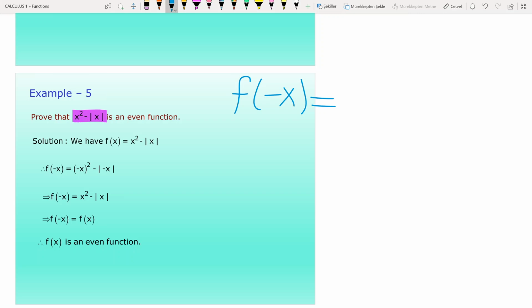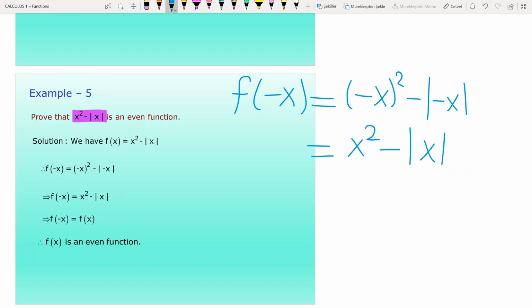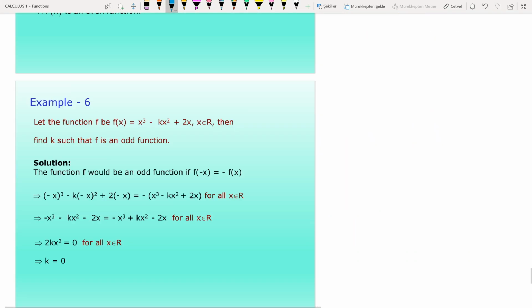So for this example, I write minus x instead of x: (minus x) squared minus modulus of minus x. It means you have x squared, and modulus of minus x is modulus of x itself. Then what is this function? It is actually the given function f(x). Since f(-x) is equal to f(x), this function is an even function.